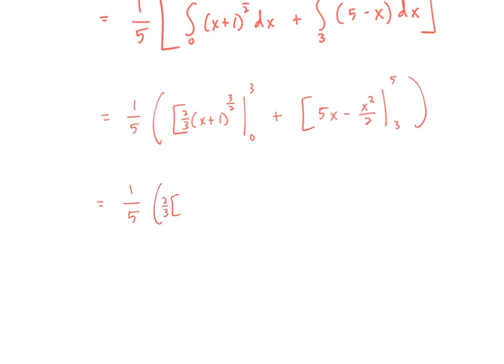If we plug in 3, we'll have 4 to the 3/2 minus, plug in 0, you have 1 to the 3/2. The other one will be 25 minus 25 over 2, minus 15 minus 9 over 2.